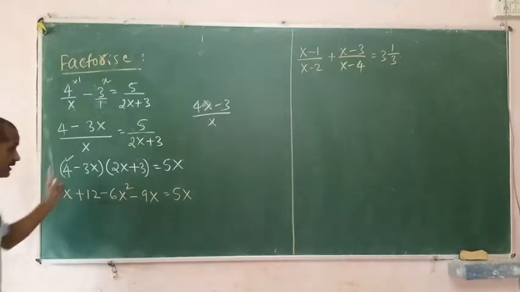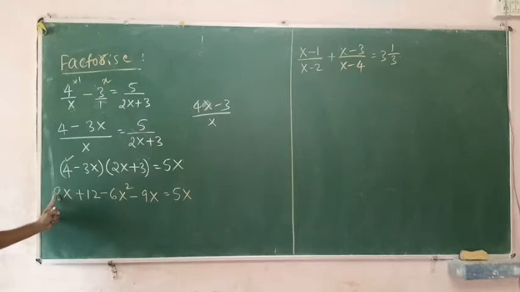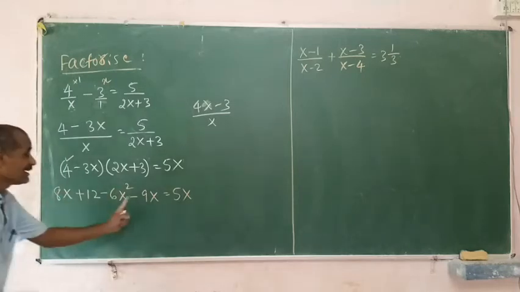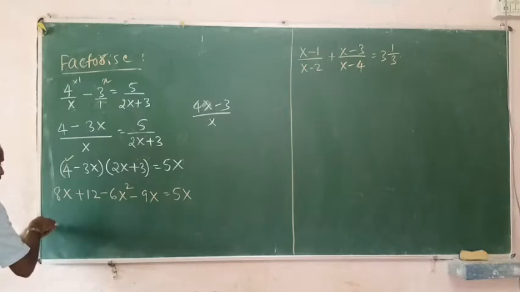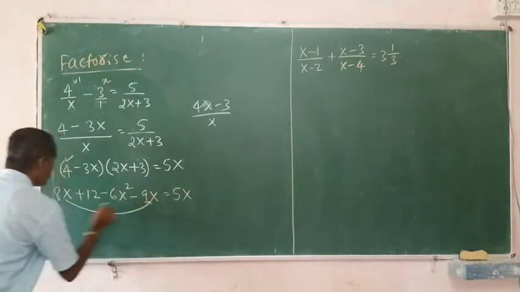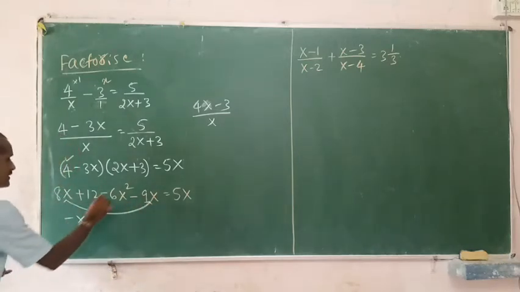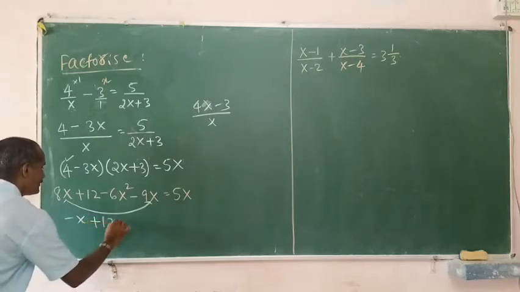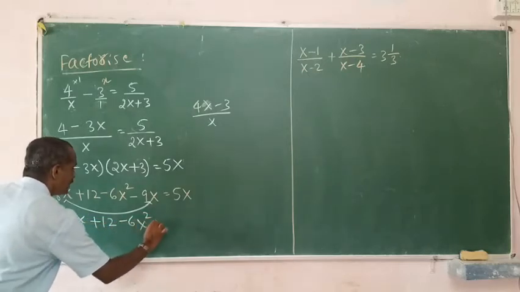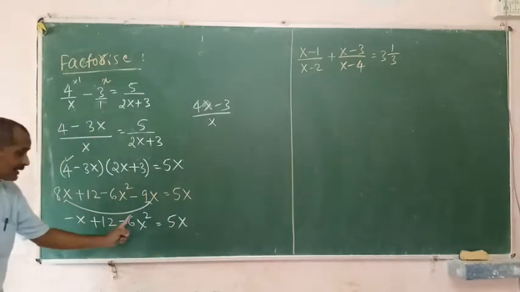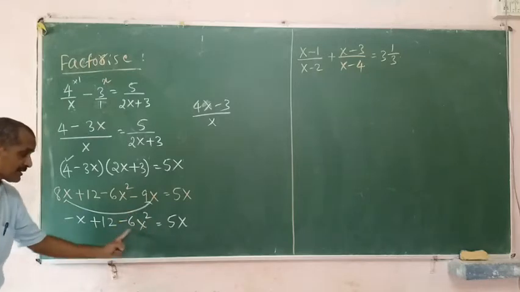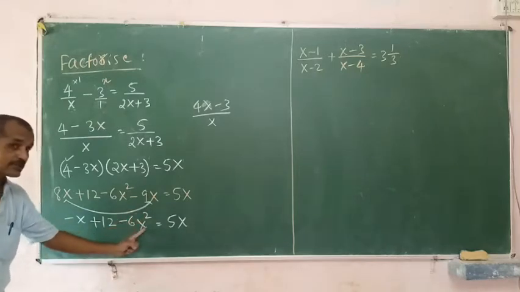See, 1 plus 1 minus, bigger number minus smaller number means 9 minus 8 is equals to 1. Give the sign of the bigger number. It is minus x. Let me mark this. Okay. Minus x plus 12 minus 6x square is equals to 5x. My dear children, now this first term is x square because it is quadratic.